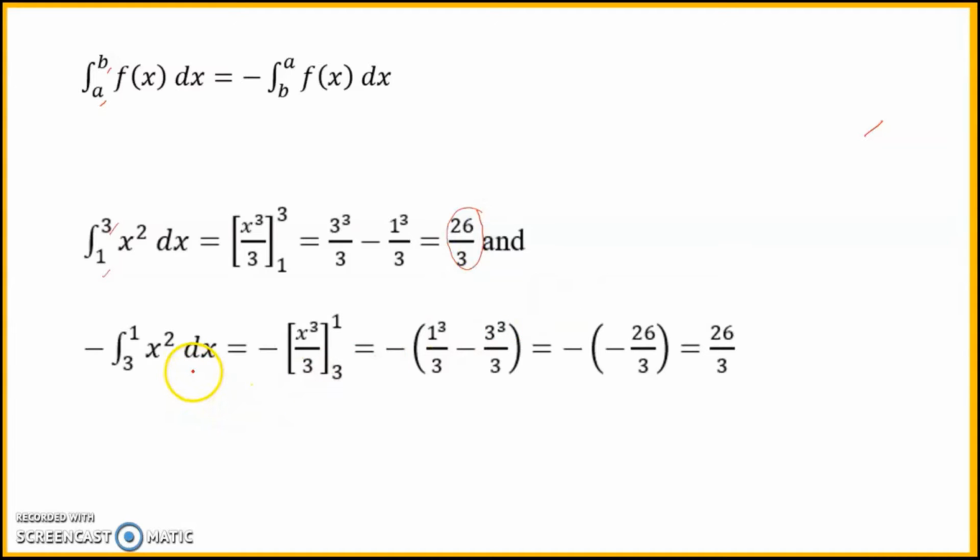Then I do the integration of x squared from 3 to 1, and we should get negative 26 over 3. If we add a minus in front of it, we get back 26 over 3. So the computations for the integral of x squared from 1 to 3 and the negative integral of x squared from 3 to 1 contribute to the same result.